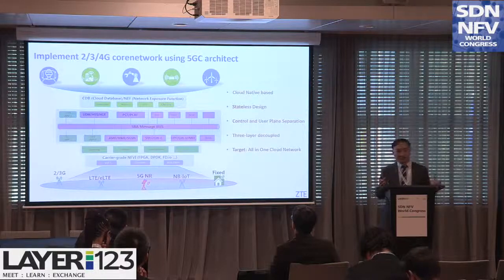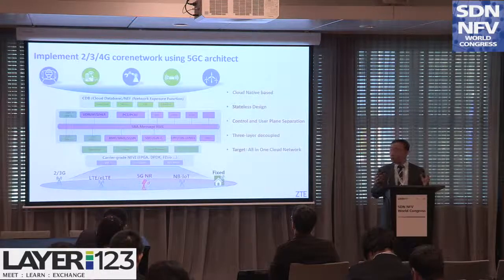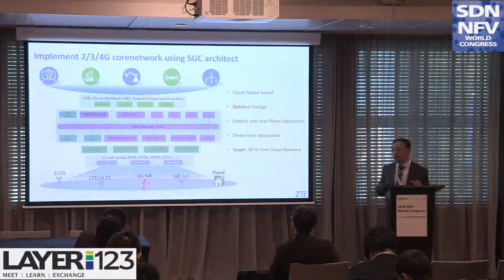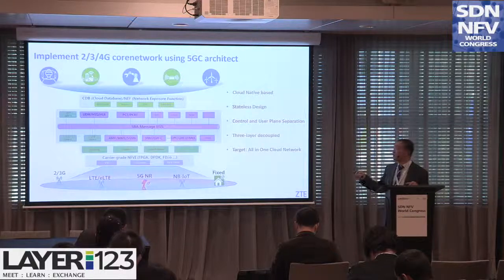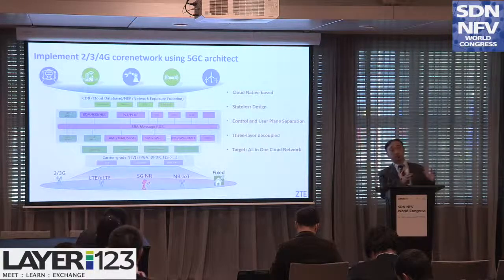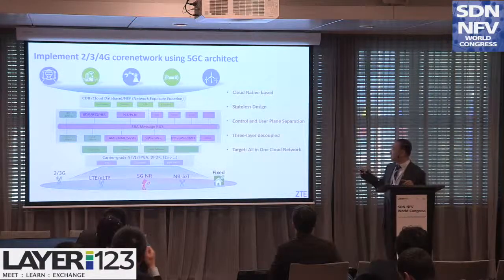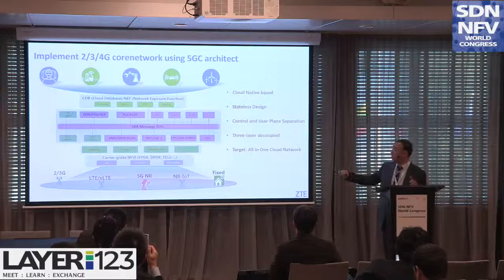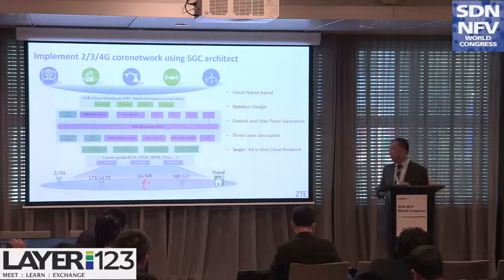So what's the benefit? If we do this, we can use the 5G architecture to achieve standard 2, 3, 4G core network functions and at the same time bring all those 5G core benefits. For example, it is cloud native based. It can support stateless design even for the EPC functions. It also has CUPS, control and user plane separation, 3-level decoupling, a unified cloud OS, and hardware acceleration for 4G applications.